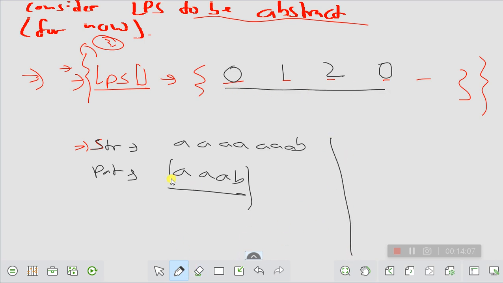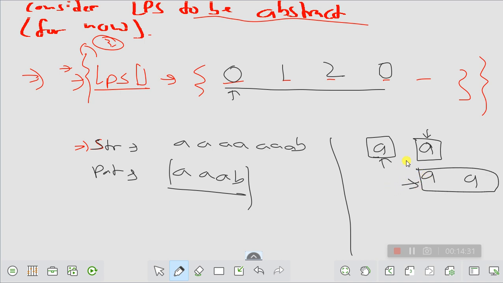LPS of index 0 says that for this string, what is the longest prefix and suffix that you have? It says that I don't have any different prefix and suffix. If I write the prefix, I will write a, and if I write the suffix, I will write a as well.